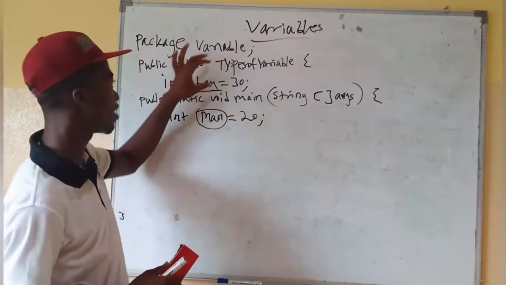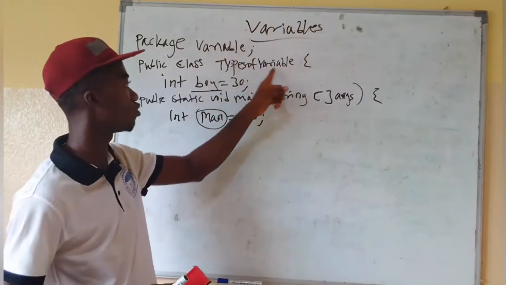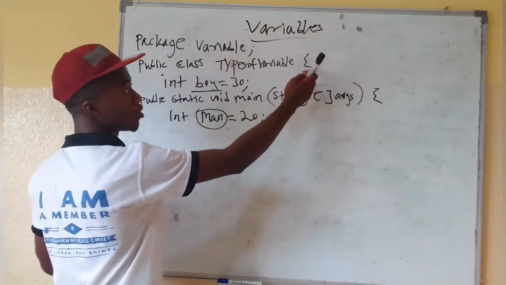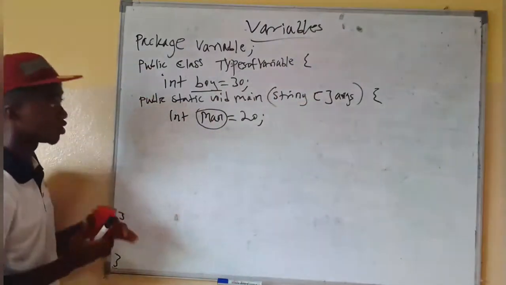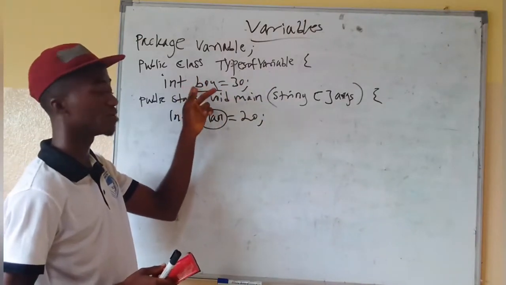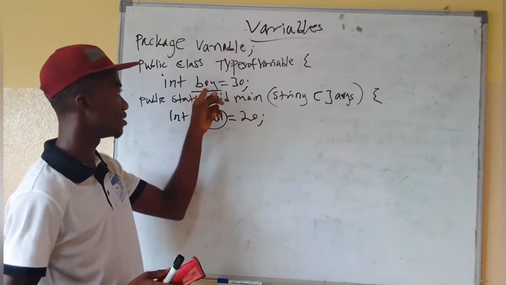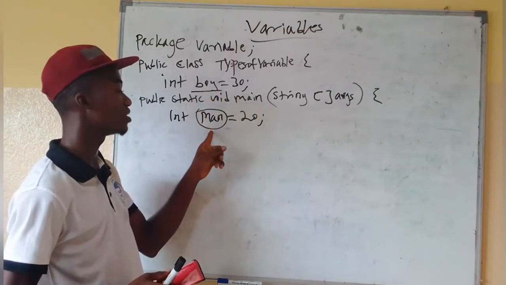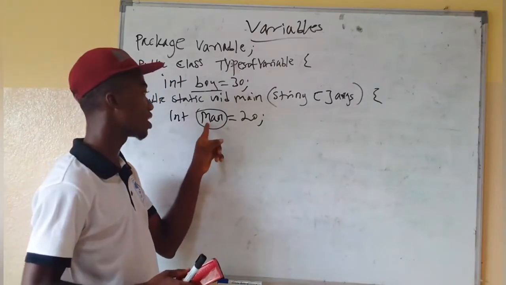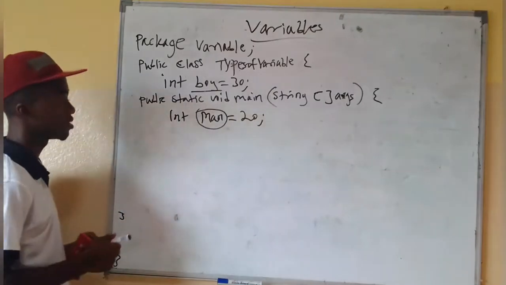Boy has been declared within the class, in my public class Types of variables. So here you can see our curly brace opens here for our class and then closes here. So here it is referred to as an instance variable. Boy now is an instance variable and man is a local variable, because boy is being declared in the class and this one is being declared within the method.